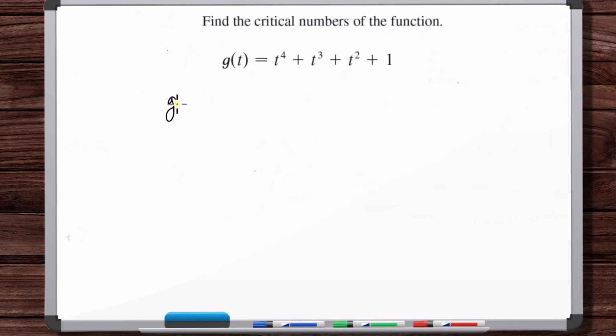Okay, what is g prime of t? And this is plus. Okay, let's set this equal to 0, factor out a t.